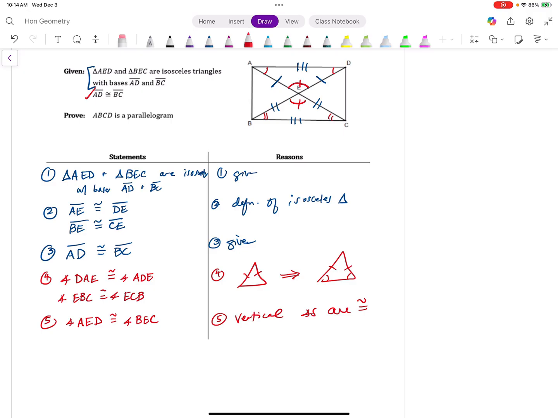How are we going to get... Oh, wait. I think I did the wrong angles being congruent. Should I look at those two little ones instead? I think I might should. No, maybe not.